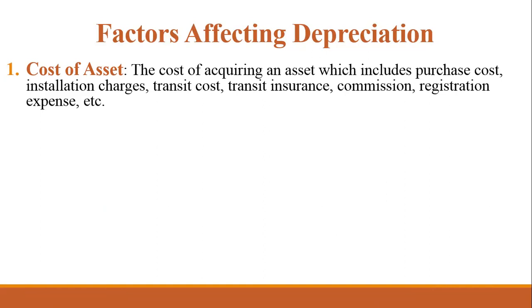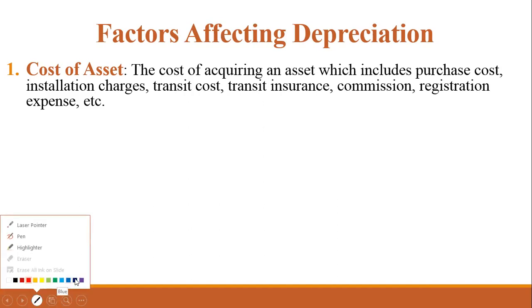Okay, so the cost of asset, this is the cost of acquiring an asset, which includes purchase cost, installation charges, transit costs, transit insurance, commission, registration expense, and so on. All right.